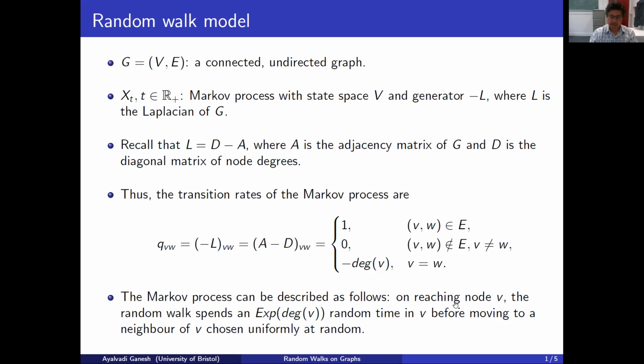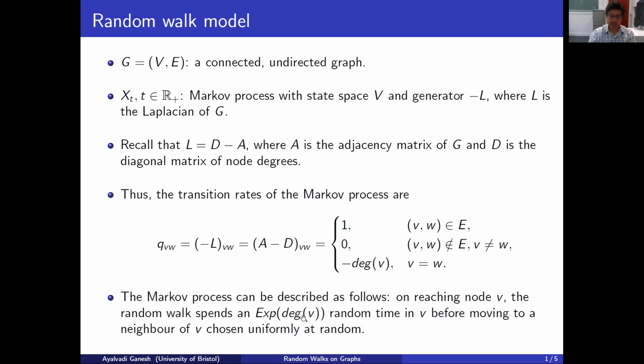So what it says is that on reaching vertex v, the random walk spends an exponential time there, a random time with an exponential distribution. The parameter of the exponential is minus q_vv. It's minus the diagonal term, so it's exponential with a positive parameter, as it should be, which is the degree of the vertex. So the amount of time you spend at a vertex is exponential with parameter equal to the degree and mean equal to 1 over the degree.